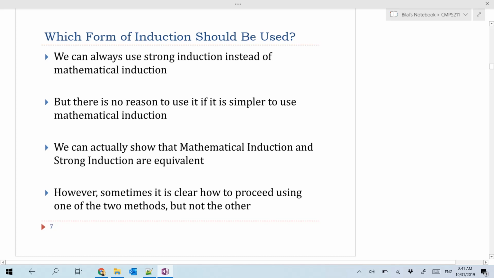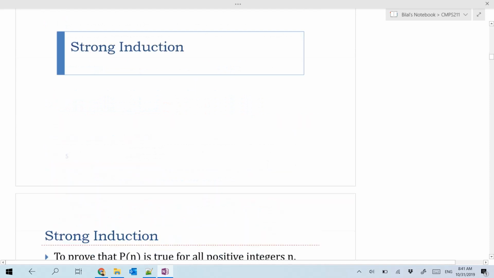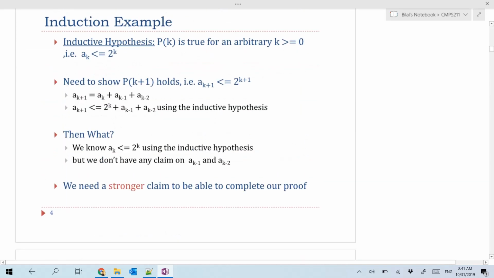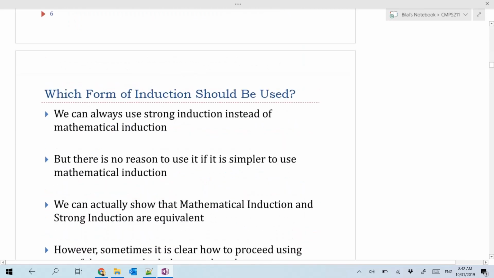I would say that in examples where you have properties about sequences and you have dependency on more than one previous value, then you have to think about the use of strong induction. You will have a couple of other situations in the examples, okay? So let's consider the first one.